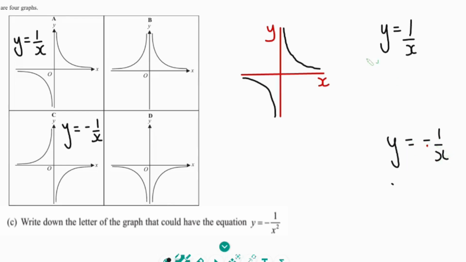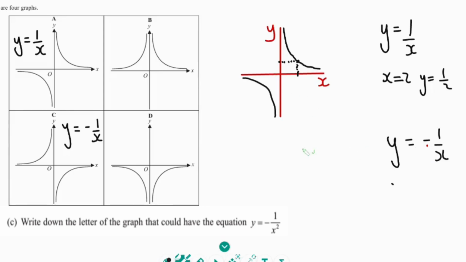So let's take this graph at the top, y equals 1 over x. If x is 2, y would be a half. Let's just see these points here. Say that's x is 2, y is a half. Haven't got a scale on the x and y axis, but let's just generalize those points there.